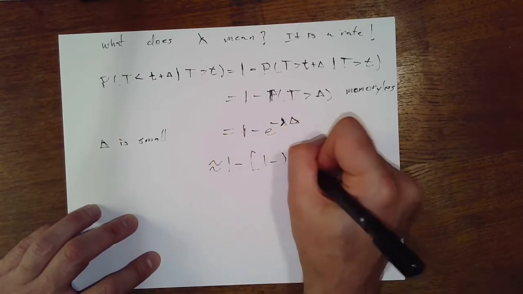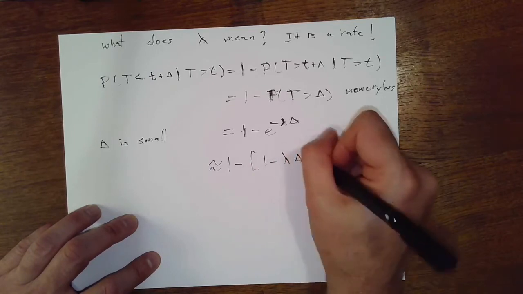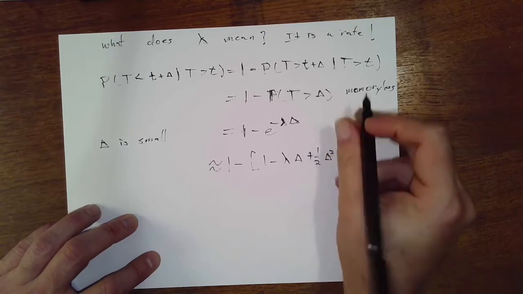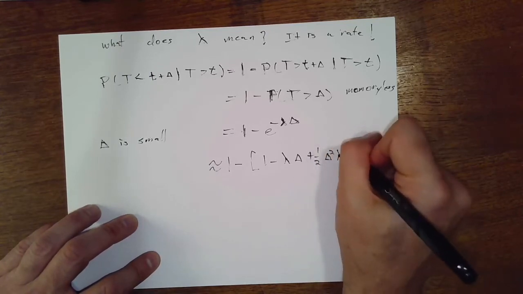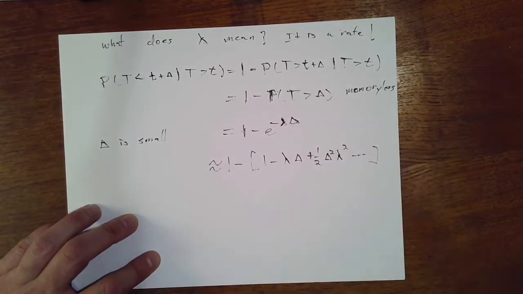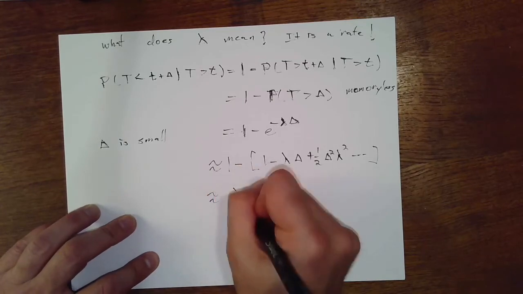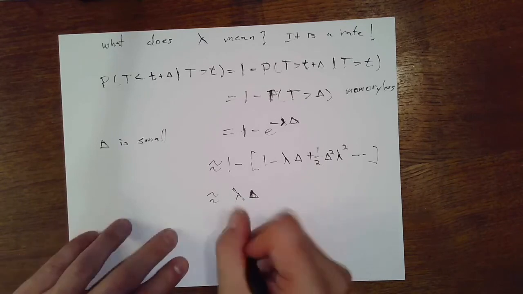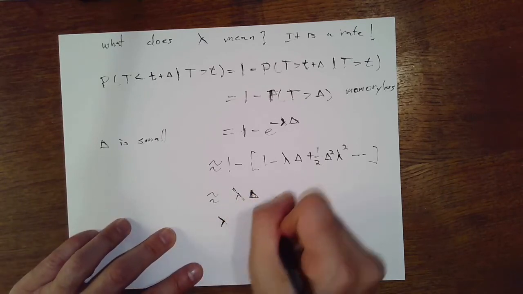Now if delta is very small, we can use Taylor's theorem to approximate the exponential. So that's 1 minus the quantity 1 minus lambda delta plus 1/2 lambda squared delta squared, and so on. Since delta is small, we'll neglect all the squared and higher order terms, and the ones cancel, and we get just lambda delta.